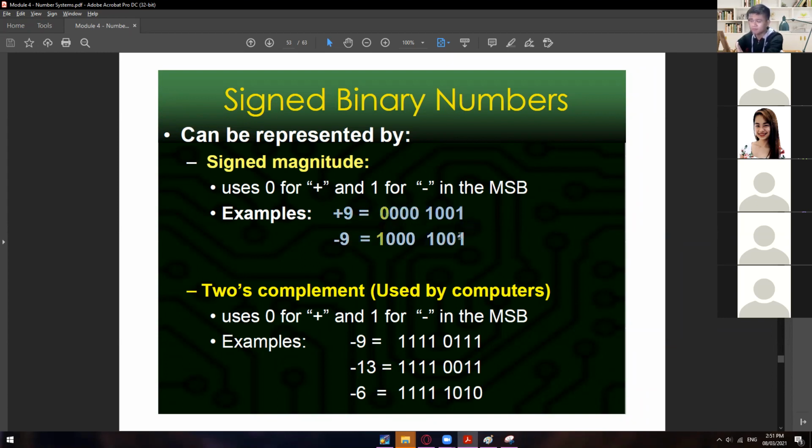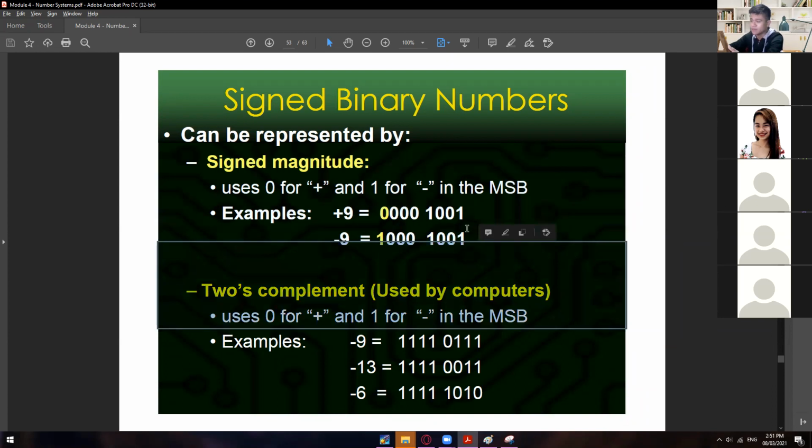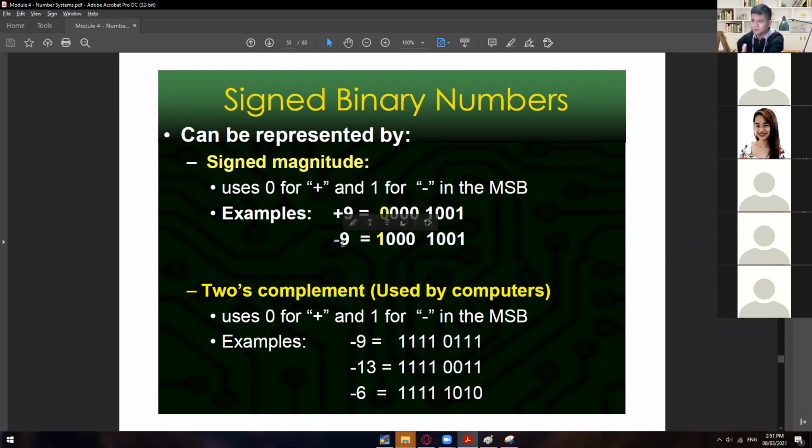They're saying that we change the most significant bit into 0 if it's positive and 1 if it's negative. We have a process for getting the negative sign of a certain decimal into binary, and it is with the use of two's complement.